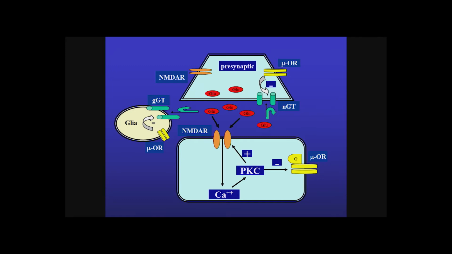So you can imagine that even repeated exposure to an analgesic like morphine can lead to a hyperreactive or hypersensitive spinal cord dorsal horn. That is how repeated opioid exposure can lead to hypersensitivity or hyperalgesia in this setting.